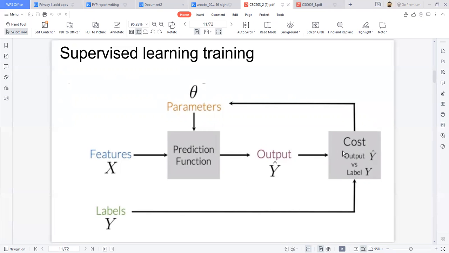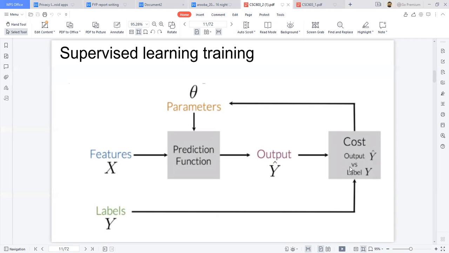You will find the difference between the label y and the output of the model. If the loss or cost is 0 between these two, it means your model is perfect. But if the label y is different, there will be some loss in the data. So how can you minimize the loss?